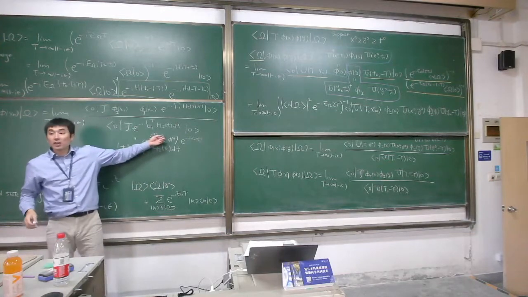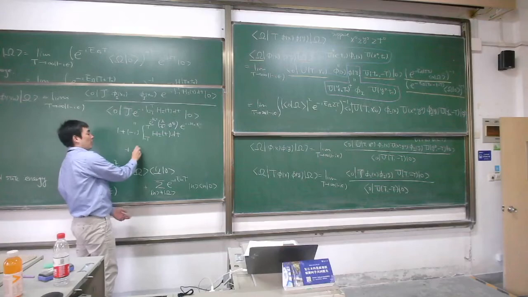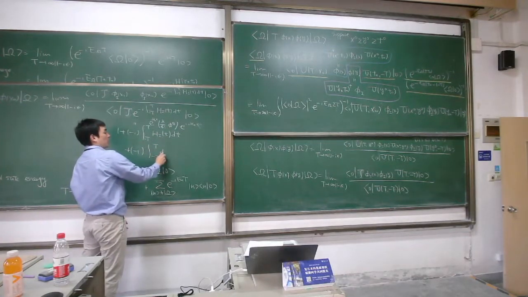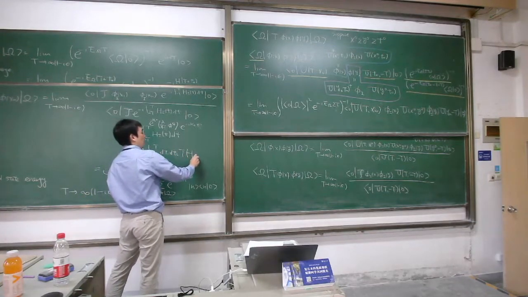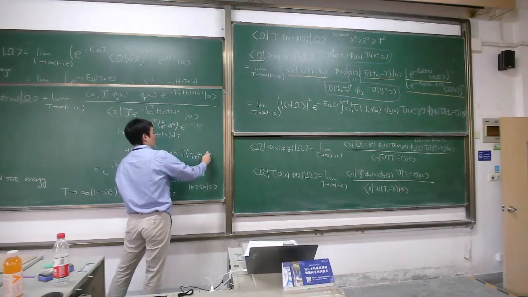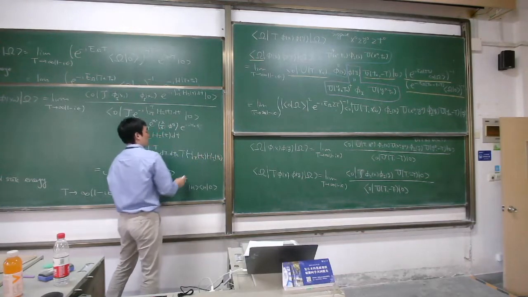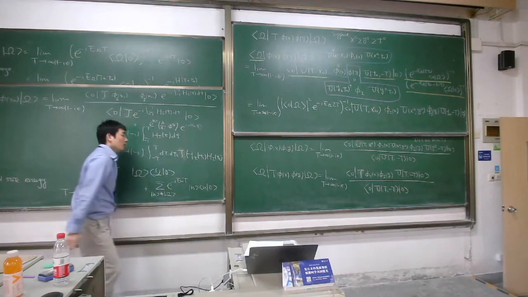So this contains lambda in the first term, and in the second term we have minus i of integral from minus t to t dt1 and dt2, time order H_I(t1) H_I(t2).